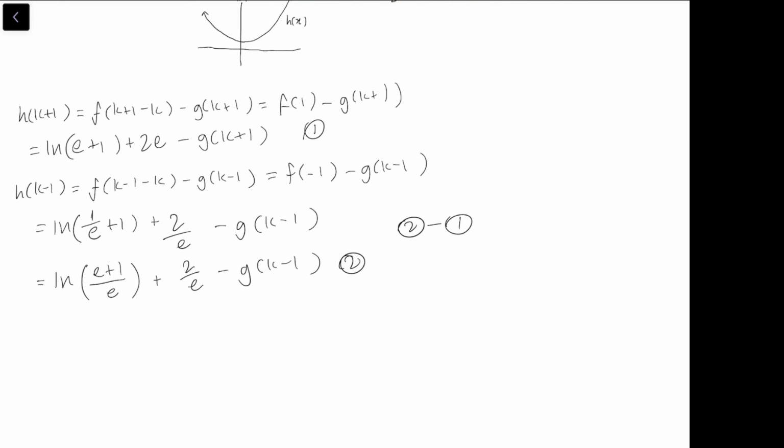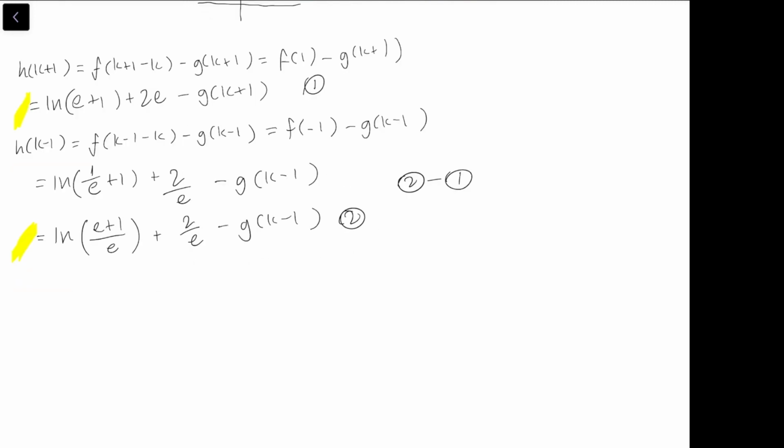So we will be subtracting this equation from this equation. First of all, we'll get ln of (e plus 1 on e) minus ln of (e plus 1 plus 2 on e), minus 2e minus g of k minus 1, minus minus, so plus g of k plus 1.